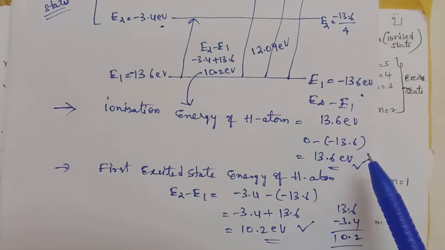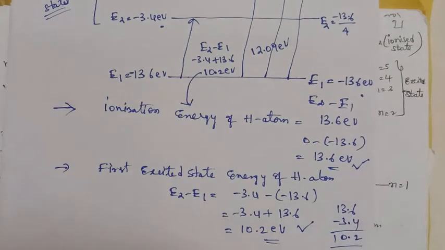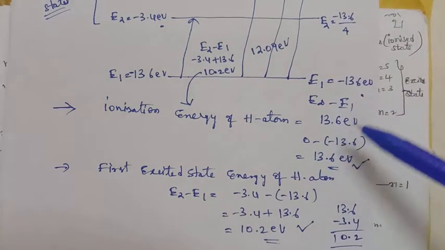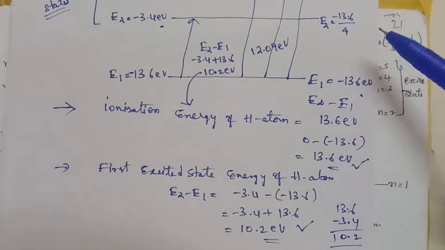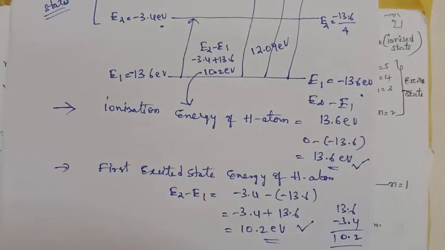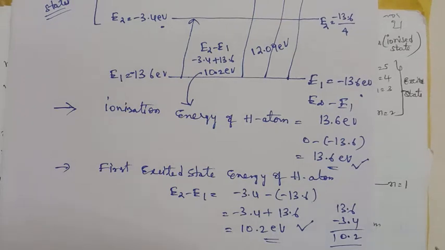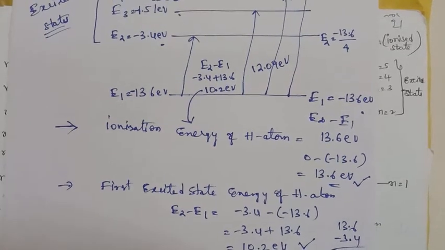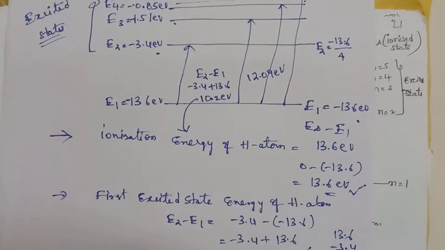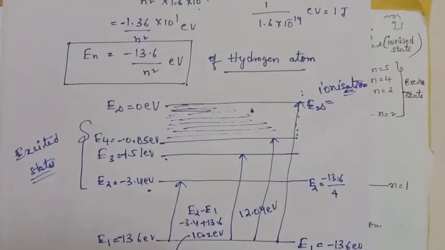That is called its ionization energy. Excited state means it jumps from the ground state to the first excited state and the next excited states. The minimum excited state energy is 10.2 electron volts. So these are the energy levels of the hydrogen atom.